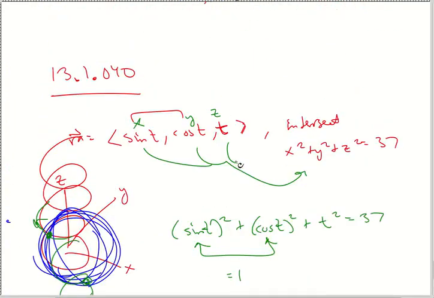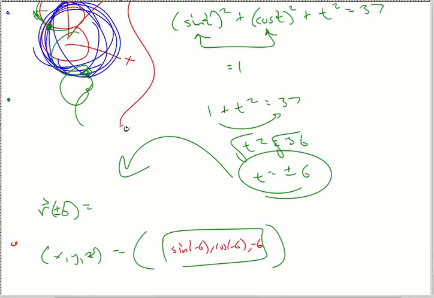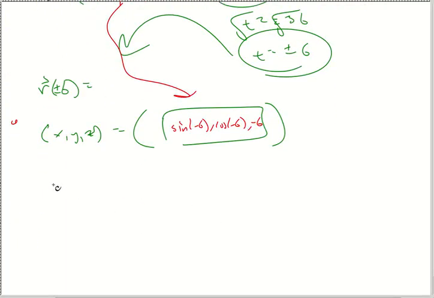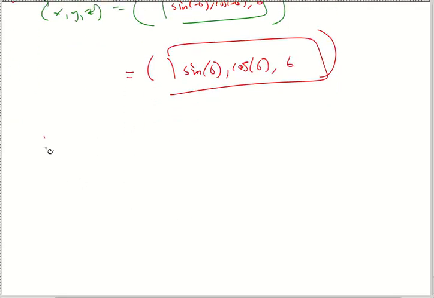What am I plugging it into? Right there. That's all I'm doing this whole time. Same thing for the other one: sine of positive 6, cosine of positive 6, and then just the 6. So there's your second answer. Okay, next one.